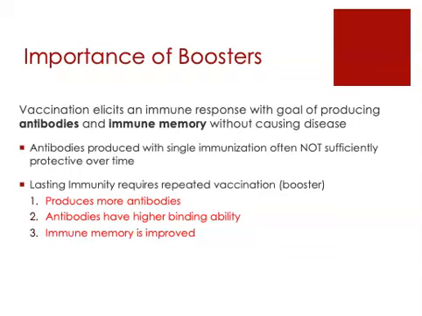In other words, they will be better able to find and bind to the pathogen and mark it for destruction. And number 3, the memory of the pathogen will be improved so that across time, our immune system will be able to recognize and respond to that pathogen more quickly if we get exposed again.